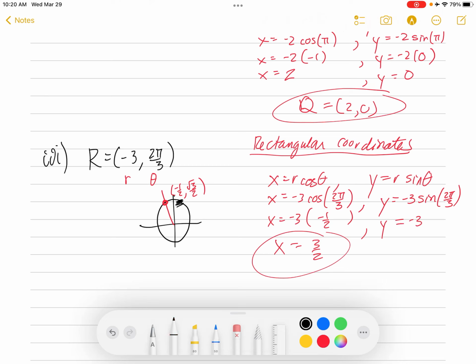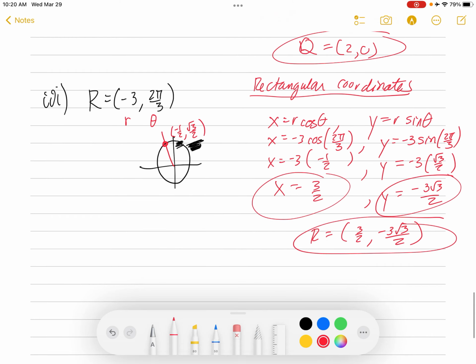As far as the y value, we have -3 sine 2 pi over 3. That's going to be -3 times the sine of 2 pi over 3, which is the y coordinate here, √3 over 2. So that would be y equals -3√3 over 2. So our point here is 3/2, -3√3 over 2.